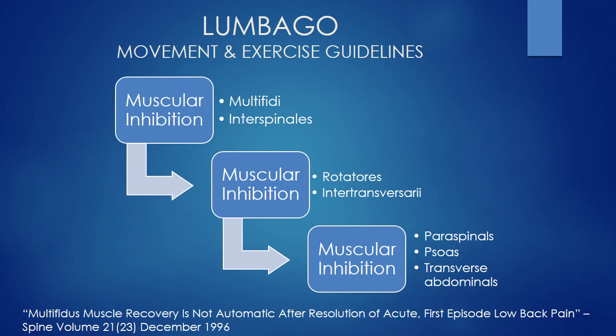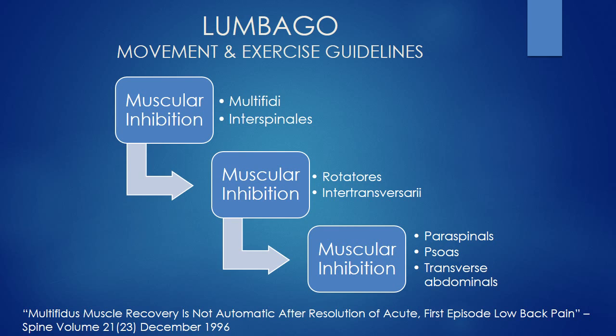And this is the target of our rehabilitation efforts, because incomplete rehabilitation and restoration of function of the deep paraspinal muscles and the paraspinal muscles sets the stage for recurrence and repeat episodes of lower back pain.